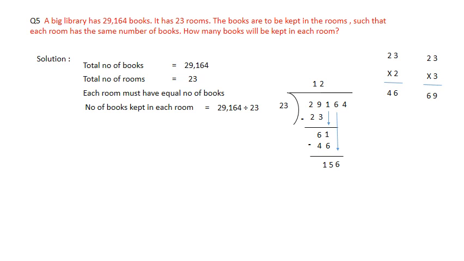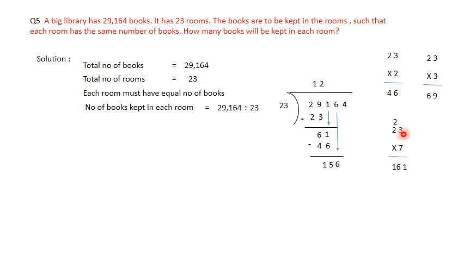Again students, what will we do? We don't know the table, no? So I have told you the rule. Here is 3. Here is 6. This we will not consider. 2 and 15. Now 2 table 15 is not coming, but one number less we can take. See, 2 8s are 16. 16 we cannot take. So what will we take? 2 7s are 14. So let's multiply 23 by 7.